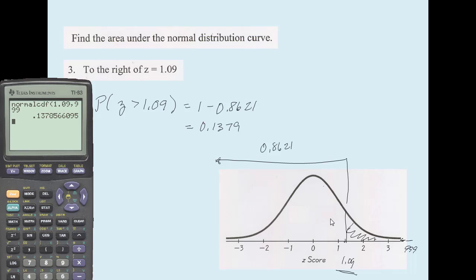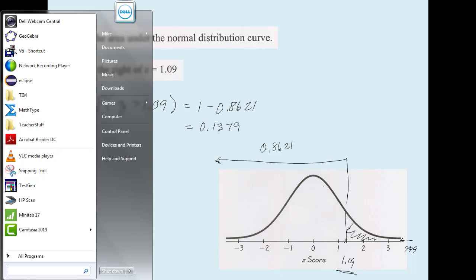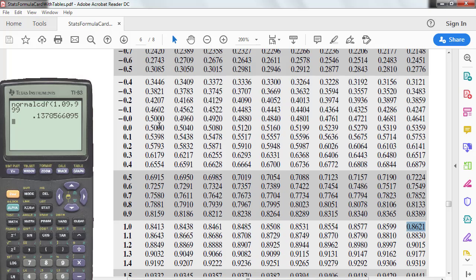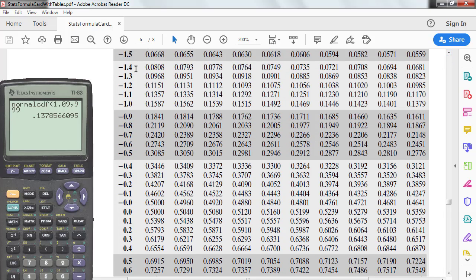All right, so that's how you do it with the table, and that's how you do it with the calculator. One more thing about the table that makes it kind of slick. I'm looking up 1.09, and I got 1379. You can also go to the table and look up negative 1.09. This is why the table is sometimes quicker than the calculator. If I look up negative 1.09, I get 1379 right off the bat.